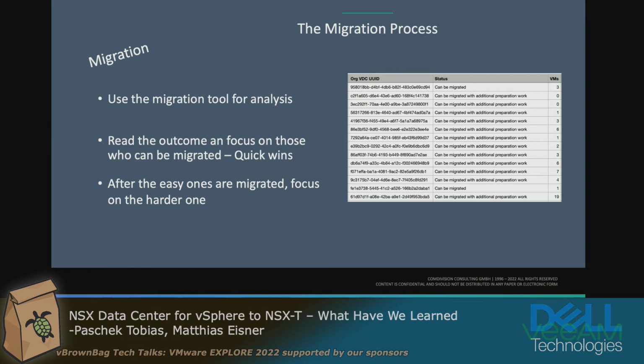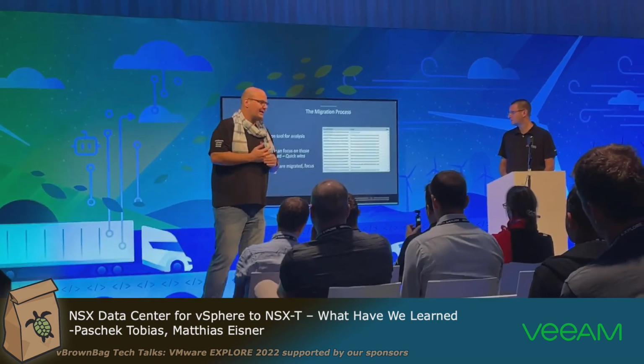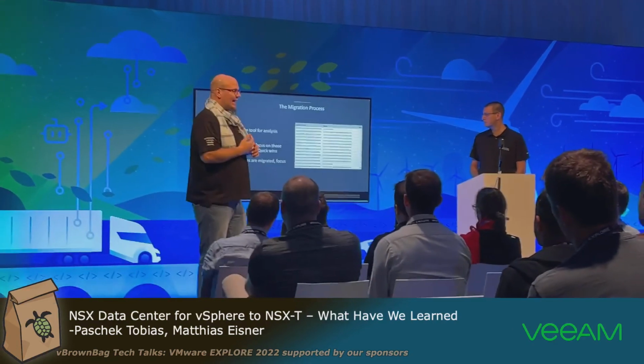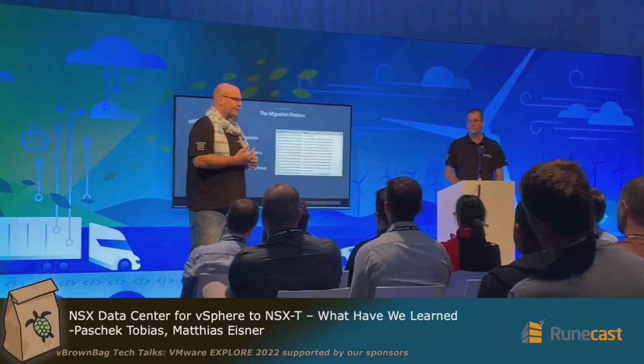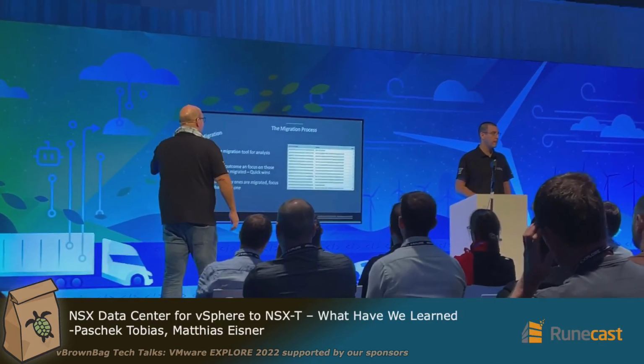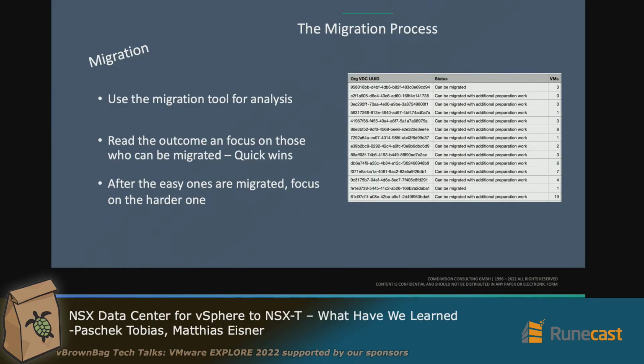As mentioned before, use the migration tool for analysis. You can use it at any time of day, because it is just analytics. The migration tool will generate a report with the customer name as well, but I need to remove the customer names, and give you a status: can be migrated, or can be migrated with additional preparation work.